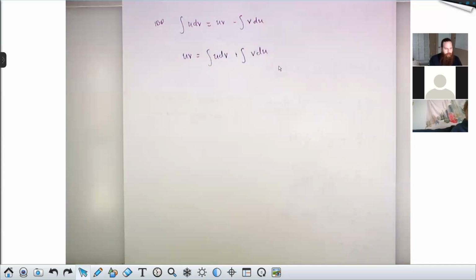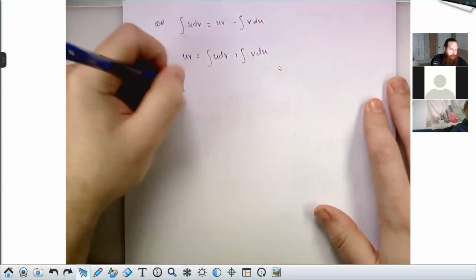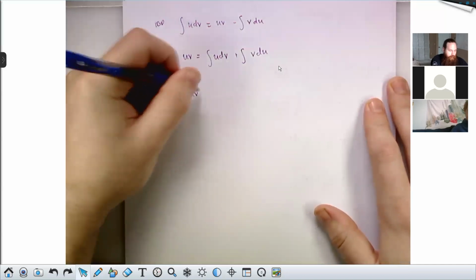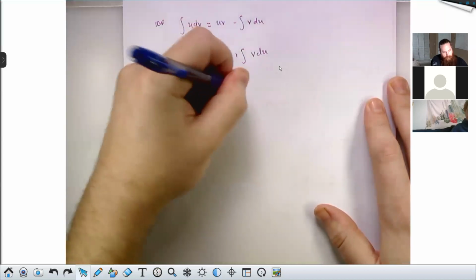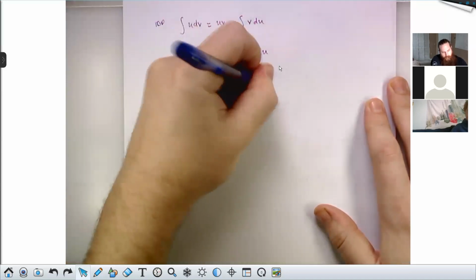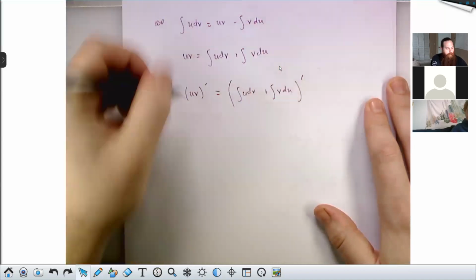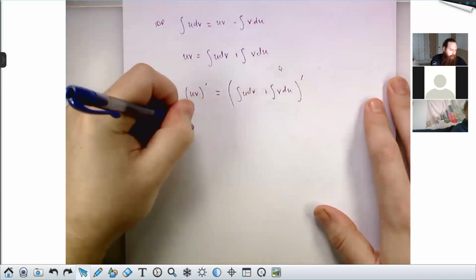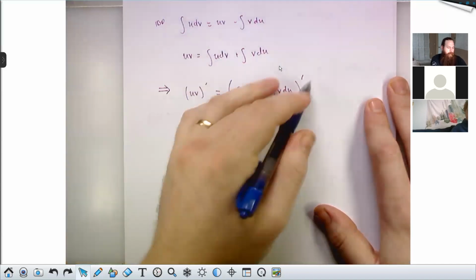If I come through and differentiate, and I'm going to do this very sloppily with the prime notation, this says that (uv)' is equal to, well, what does the prime and the integral do?